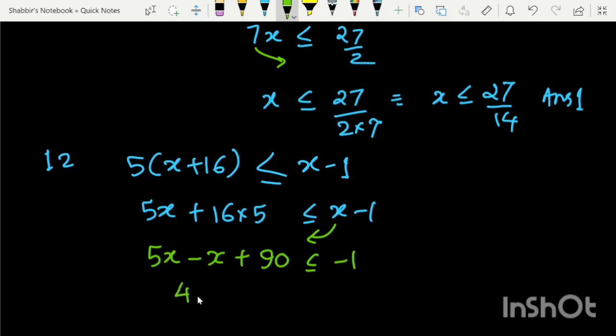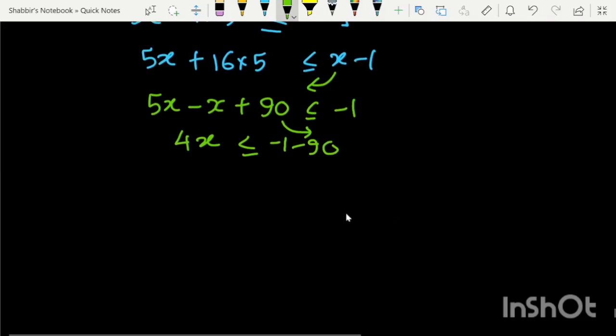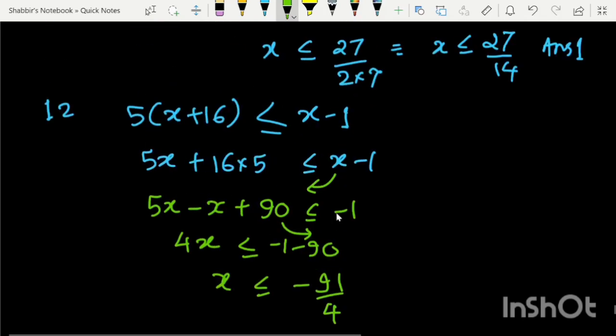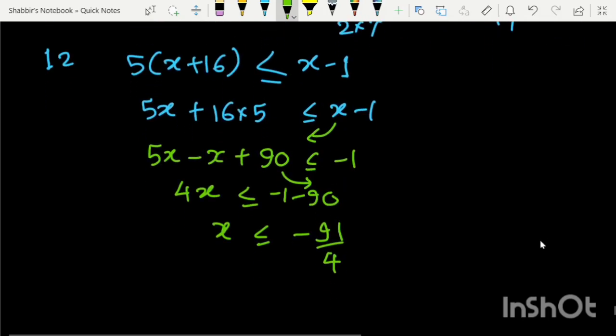Now this becomes 4x, 90 will shift to RHS, it becomes minus 90. X is less than or equal to minus 91 by 4. Okay, so this is inequality 2, answer 2.